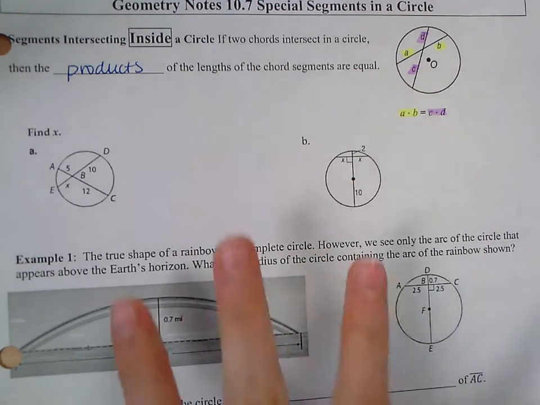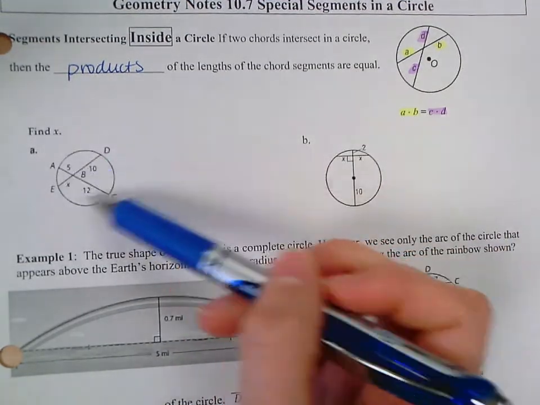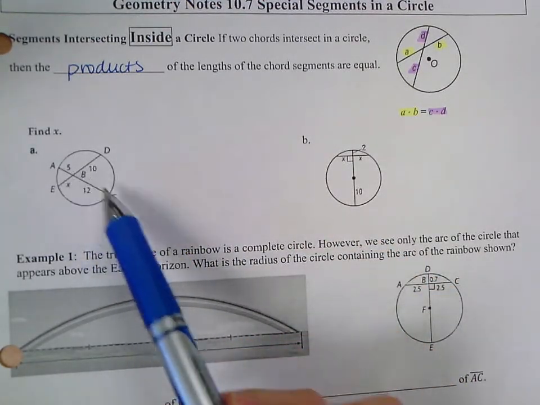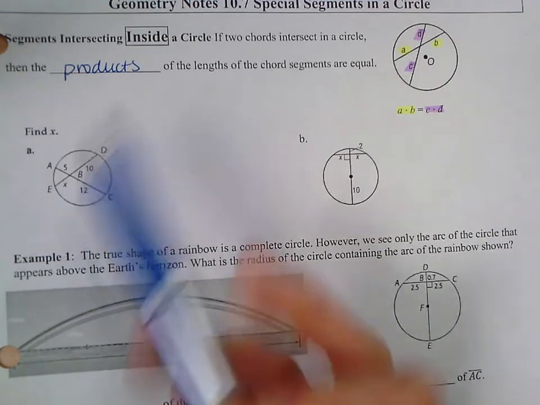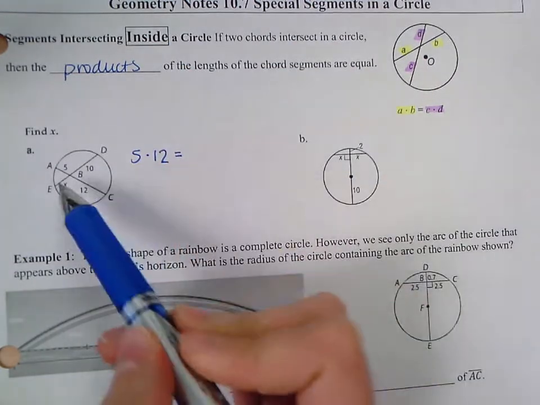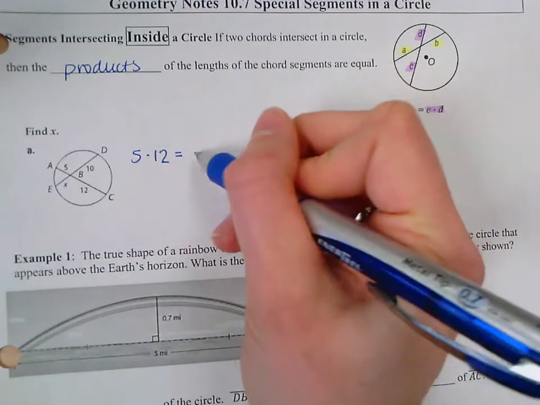So in those first two examples, if we look at the first one, example A, it says to find x for both of these. And we have the different segments labeled. So for segment AC, one part is 5, one part is 12. So I would have 5 times 12 is equal to, and then for ED, we have x times 10.